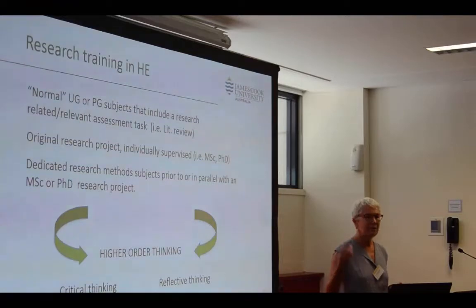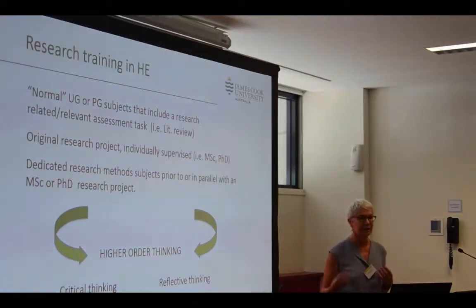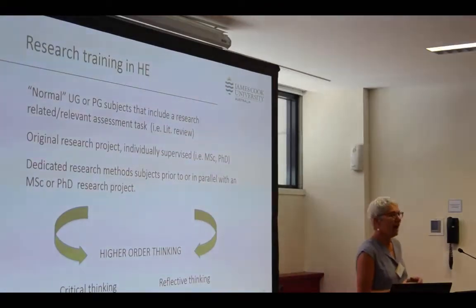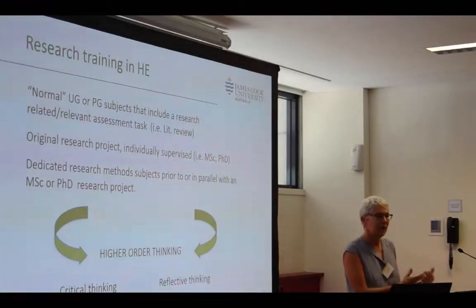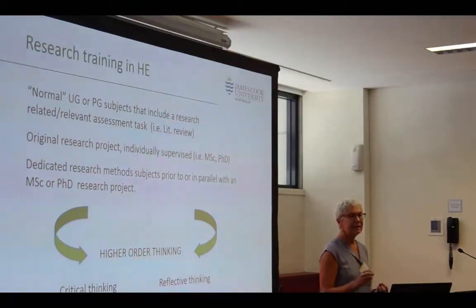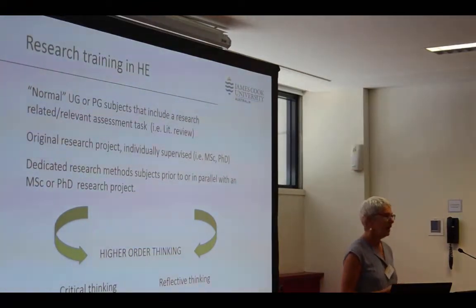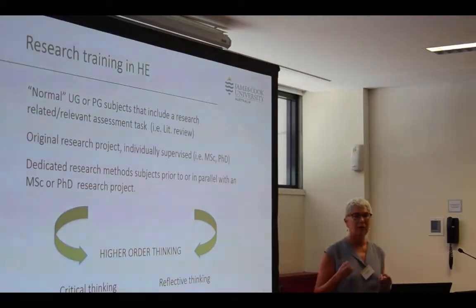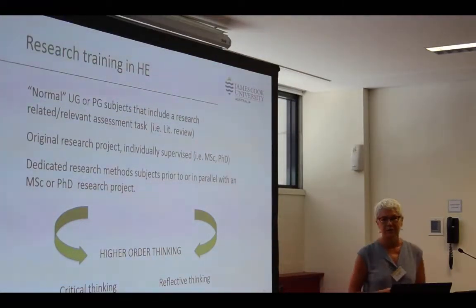The other part of higher order thinking is reflective thinking, critical reflection on not just how to do things and the technical know-how and solving problems, but also understanding cognitive states and control of metacognition.